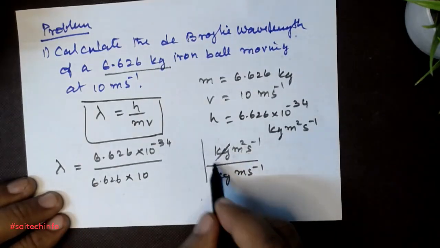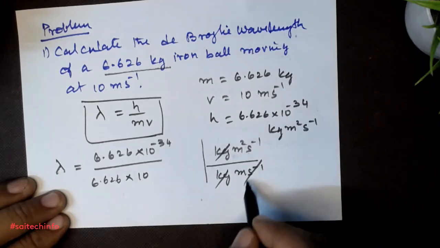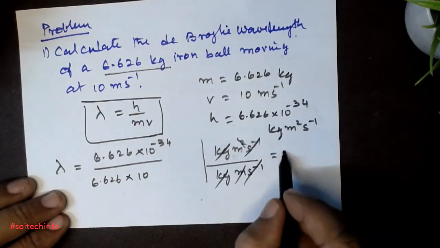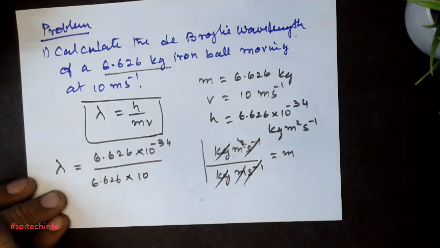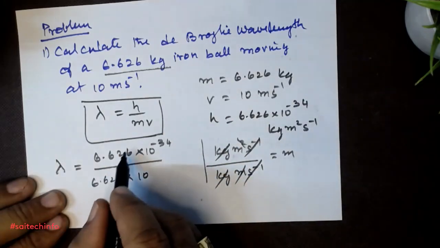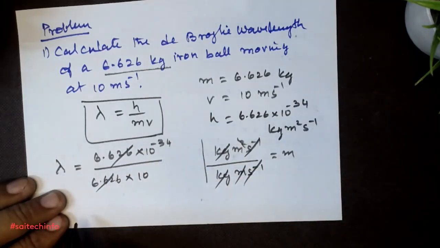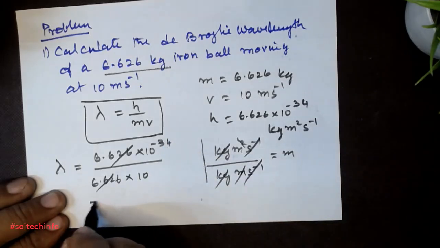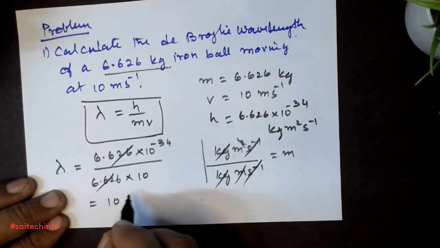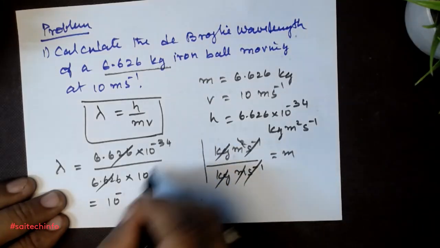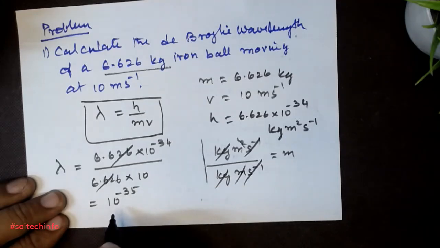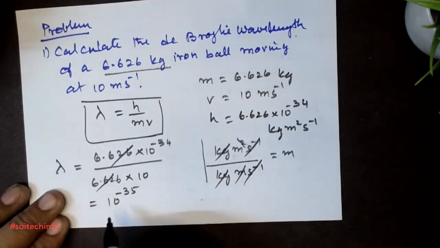First let us strike out the kg, per second cancels, and meter. So it results in meter. The unit is given in meter. And this one is 1, and this is simply 10, so it goes here. It means 10 power minus 1, so it becomes 10 power minus 35.